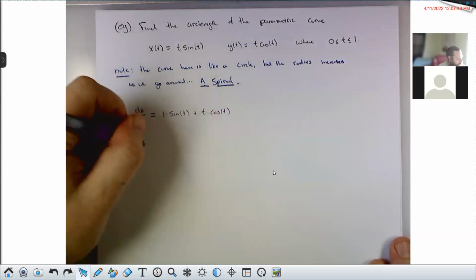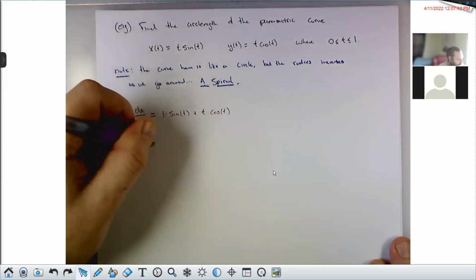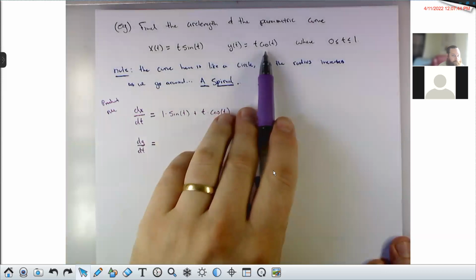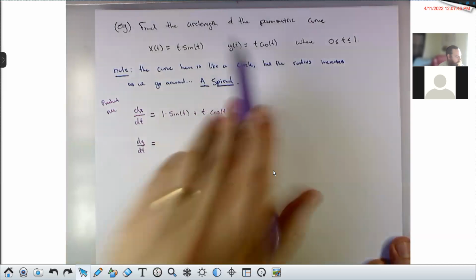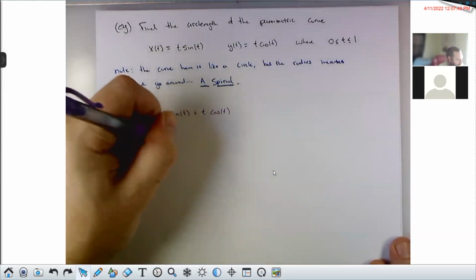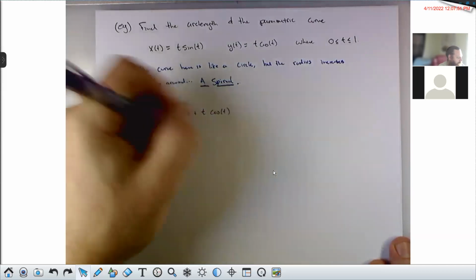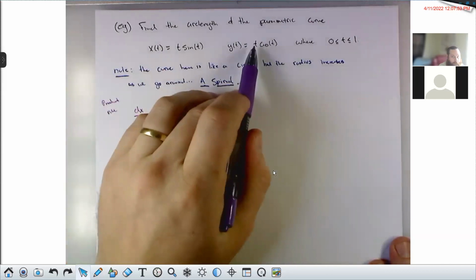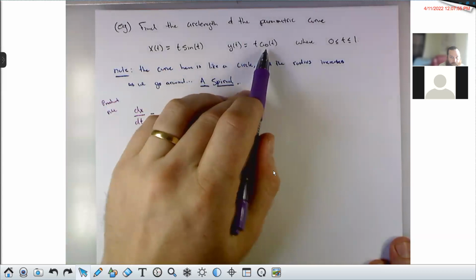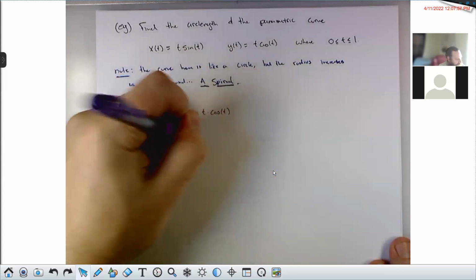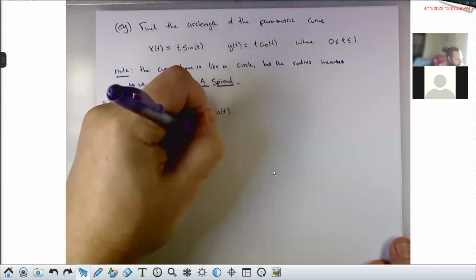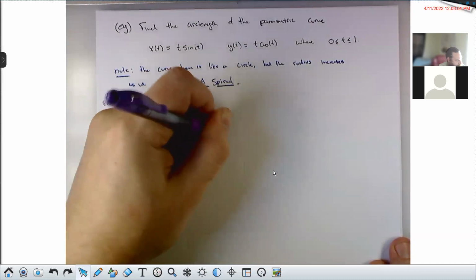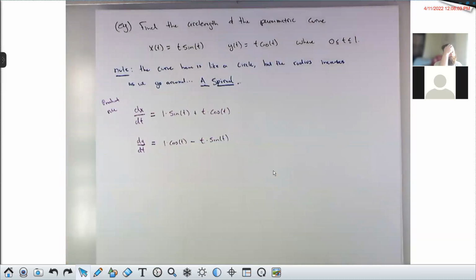And dy/dt, also a product rule. If I differentiate this, I'll get 1 times cos t plus t times the derivative of cos t, which is negative sine t. So that's minus t times sine t.